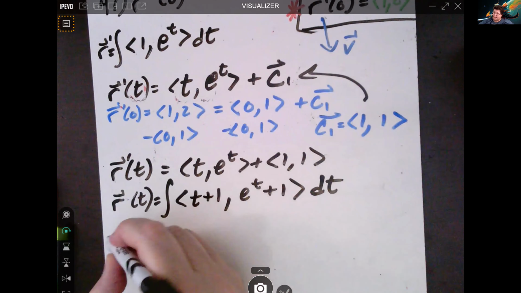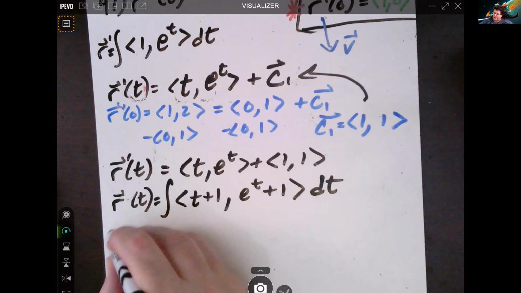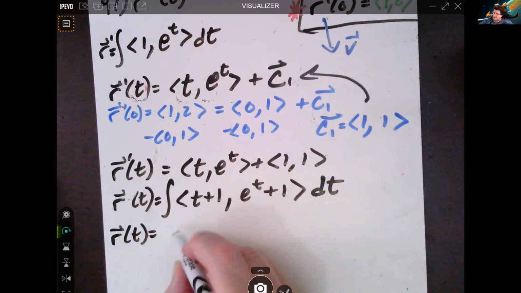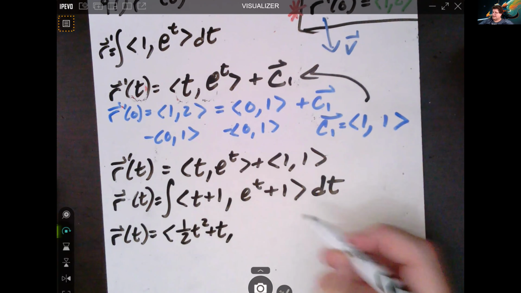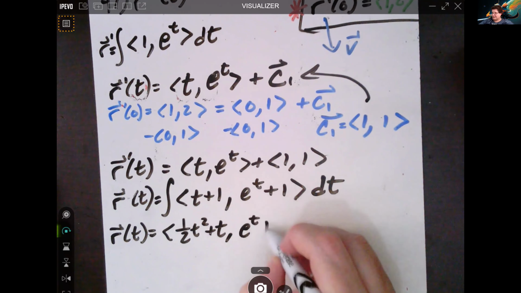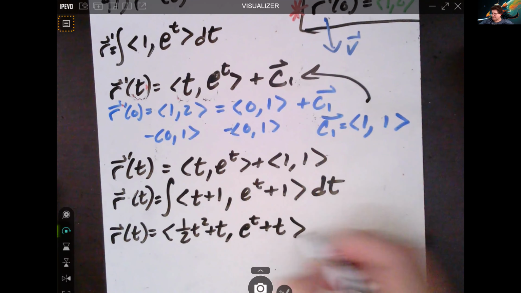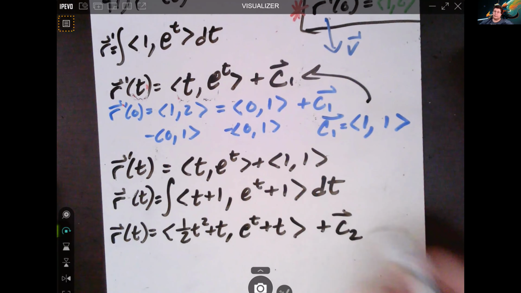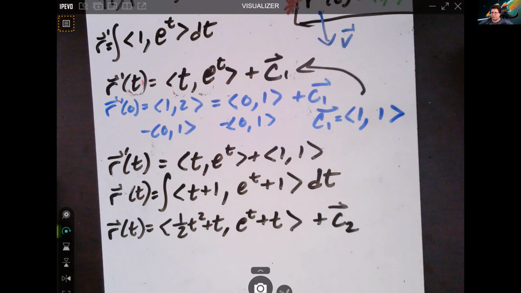So if I integrate that, I've got R of t equals 1/2 t squared plus t, e to the t plus t, plus some constant vector C2. Again, we don't know what these family of curves are, so we're finding them.